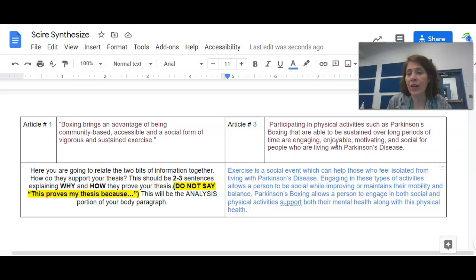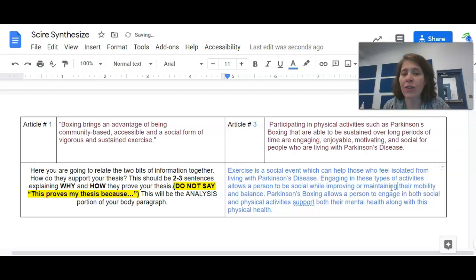Exercise is a social event which can help those who feel isolated from living with Parkinson's disease. That's touching on the mental health piece. Engaging in these types of activities allows a person to be social, mental health, while improving or maintaining their mobility and balance. That's their physical side, right? So I'm helping Parkinson's disease here.